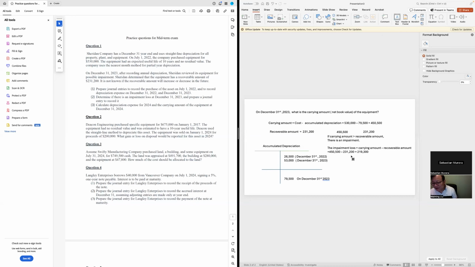If you have a loss, just like expenses, you debit impairment loss for 219,300. So what do you credit then? What do you credit?